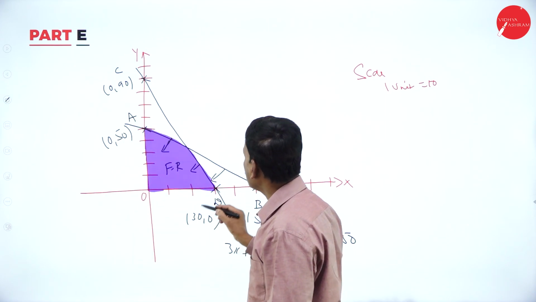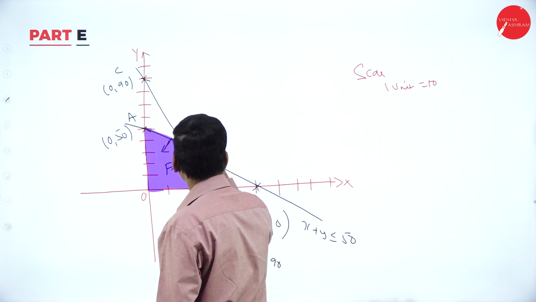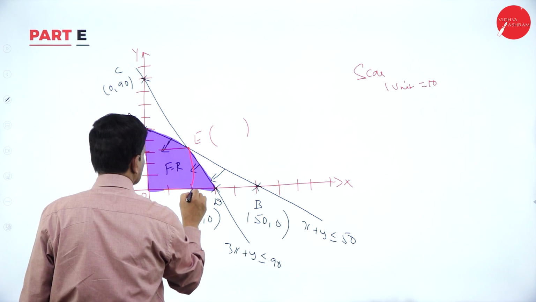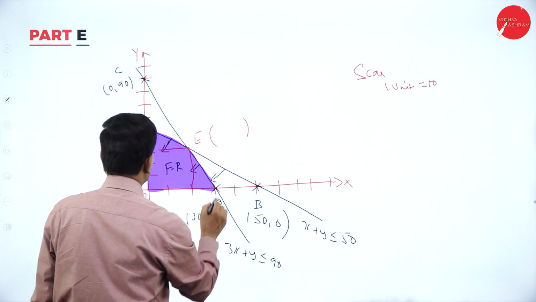Therefore, what are the corner points? This is the point E. What is this equal to? If you draw, you will get 20 comma 30.